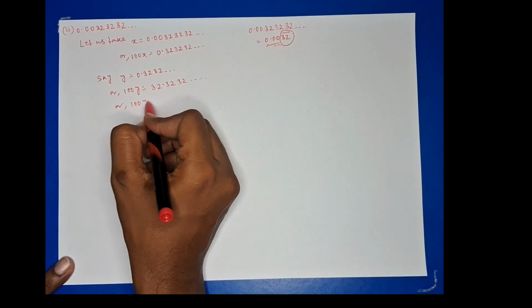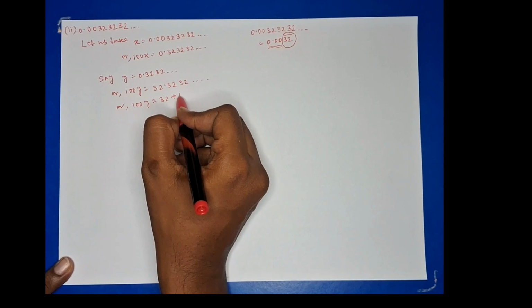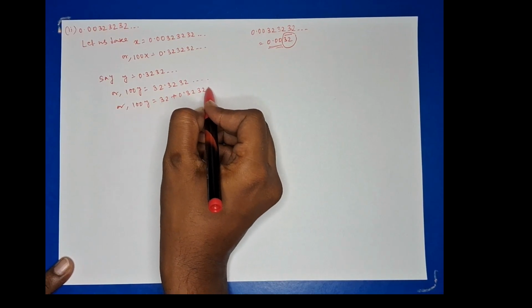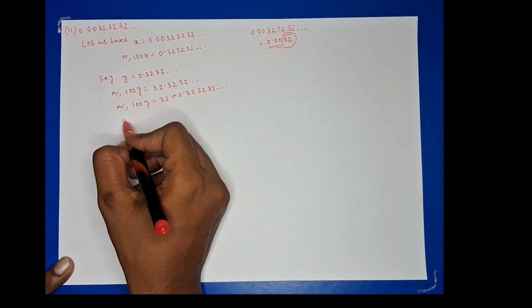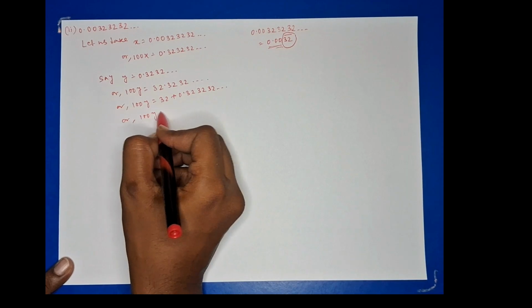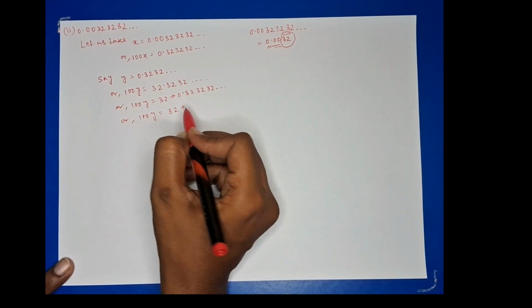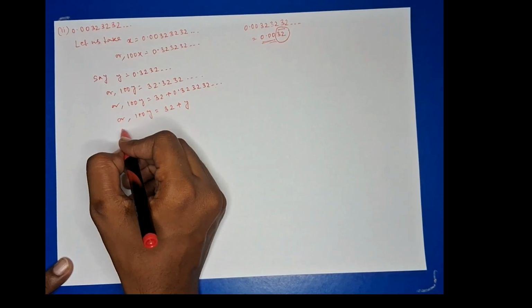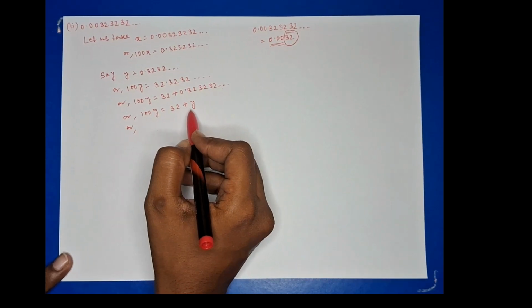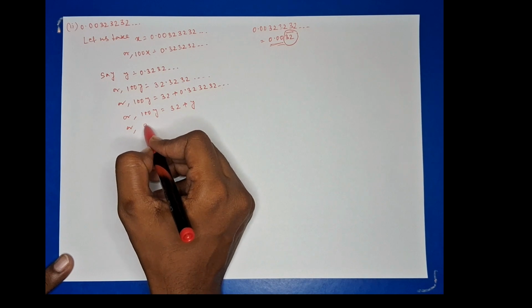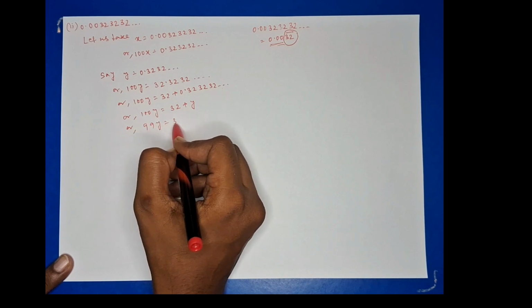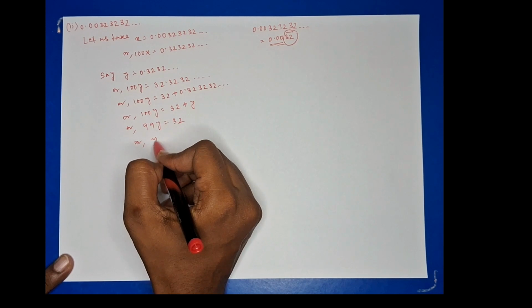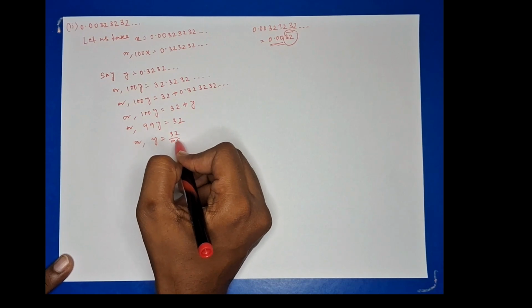So 100y is equal to 32 plus 0.323232 dot dot dot, or 100y is equal to 32 plus y. Taking this y on the left side, it will become 99y is equal to 32, or y is equal to 32 by 99.